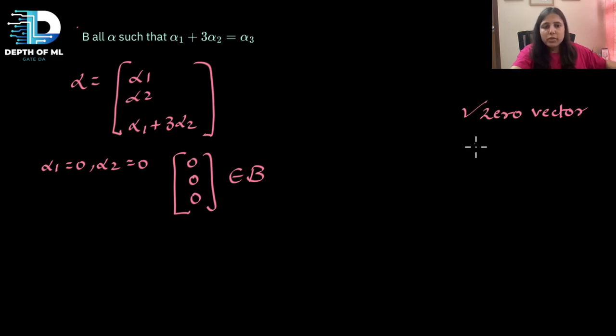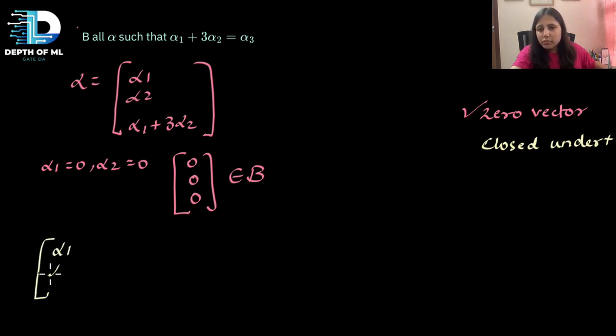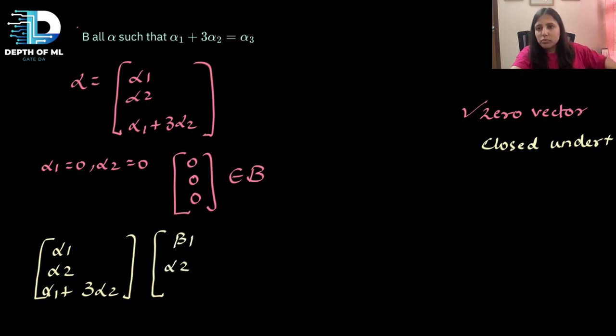So the 0 vector is present. Now I have to check whether this is closed under addition. I will take two vectors, alpha 1, alpha 2, alpha 1 plus 3 alpha 2, and I'm going to use beta, but it will be of the same form: beta 1, beta 2, beta 1 plus 3 beta 2.